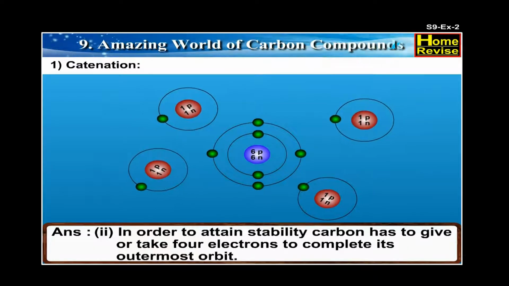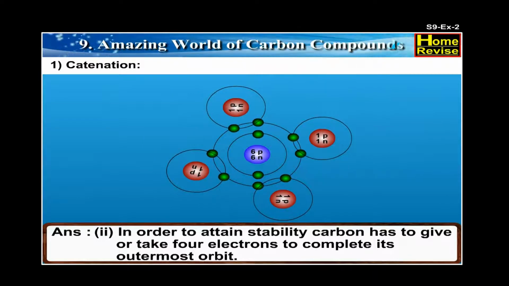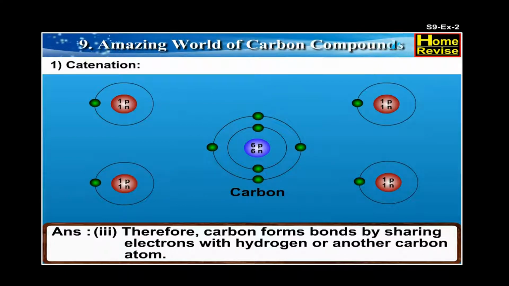Second, in order to attain stability, carbon has to give or take 4 electrons to complete its outermost orbit. However, it is difficult to give or take 4 electrons as large amount of energy is required. Third, therefore, carbon forms bonds by sharing electrons with hydrogen or another carbon atom.